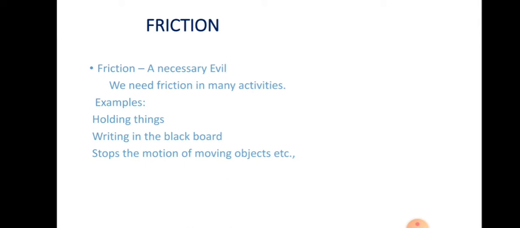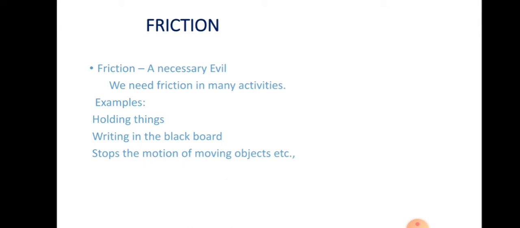And the next one, it stops the motion of moving objects. If you are continuously moving, how will you stop? If you are just walking or running on the floor and want to stop, you will reduce your speed and you can stop.